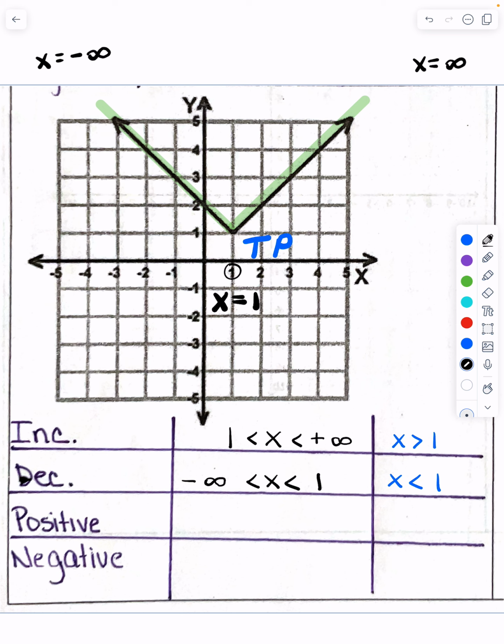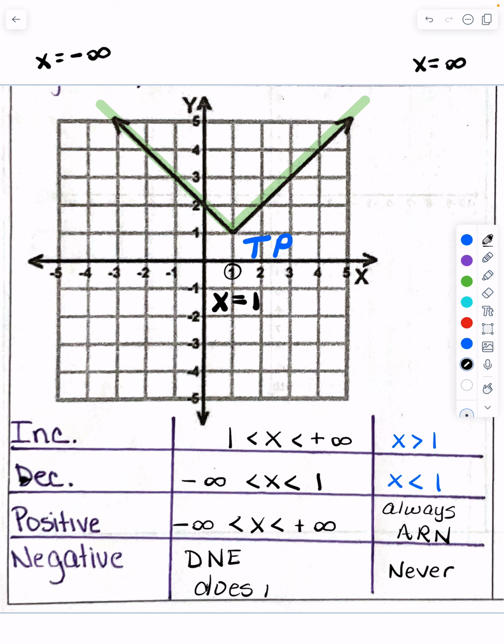Or we can write that as all real numbers: x between negative infinity and positive infinity. It is always above the x-axis. When is it negative? Never. It's never below the x-axis. So we can write DNE for does not exist.